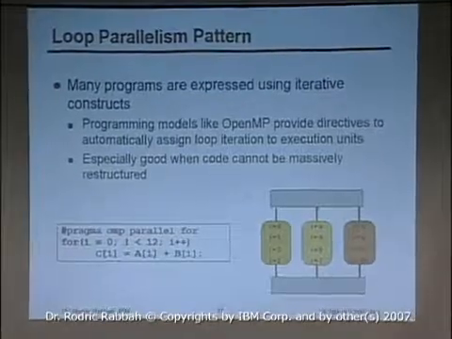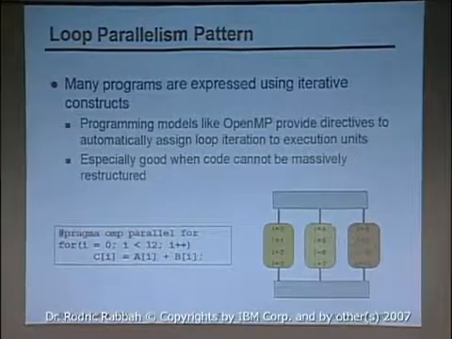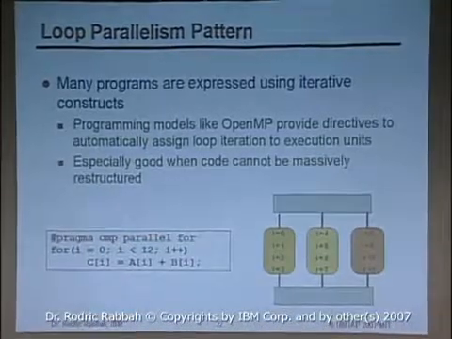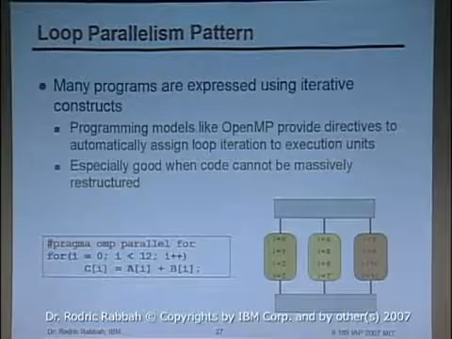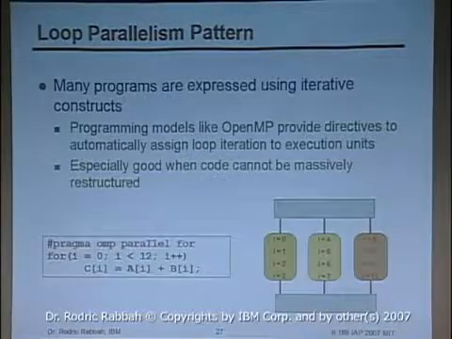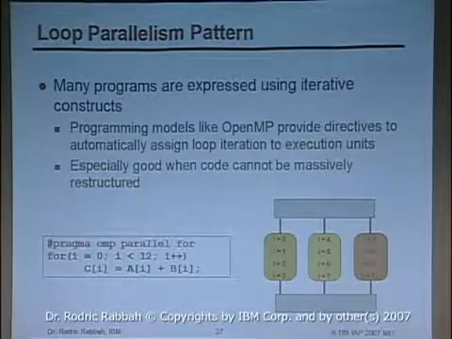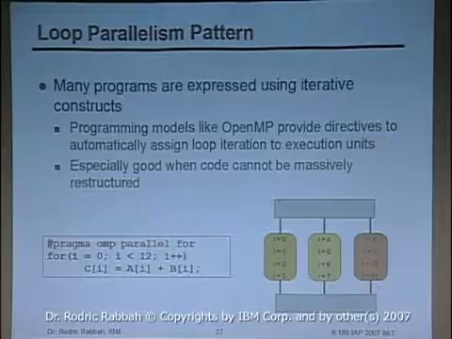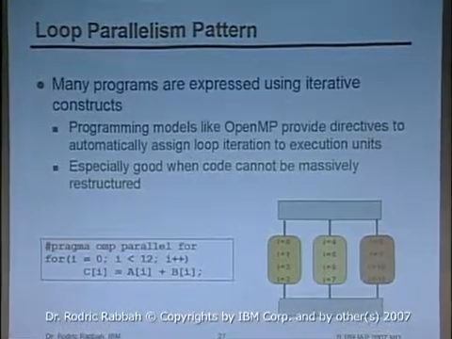The second pattern, as opposed to the SPMD pattern, is the loop parallelism pattern. This is best suited when you have a program that you can't really change a whole lot, or that you don't want to change a whole lot. Or you have a programming model that allows you to identify loops that take up most of the computation, and then insert annotations or some ways to automatically parallelize those loops.